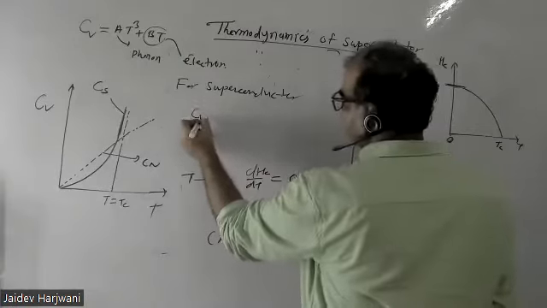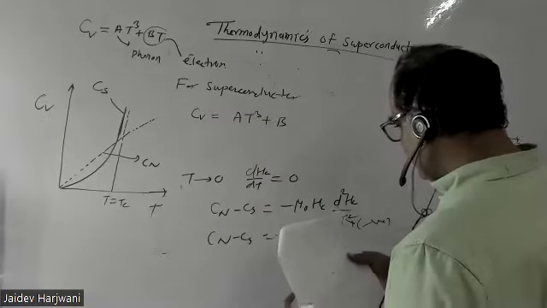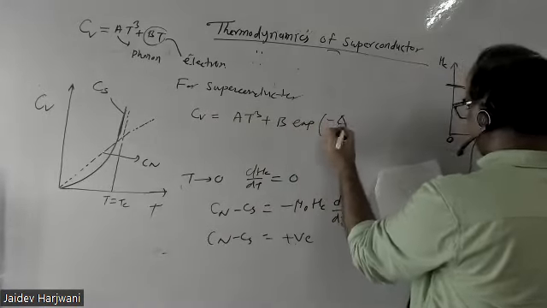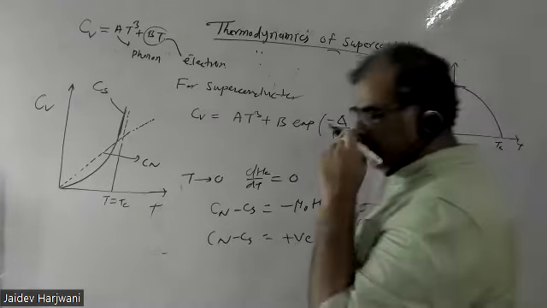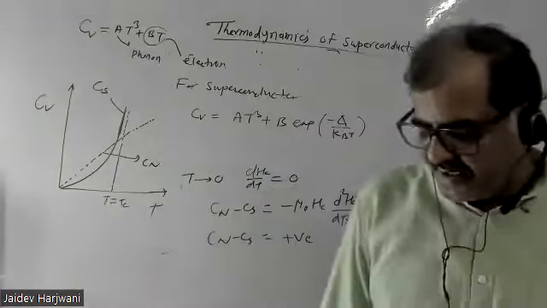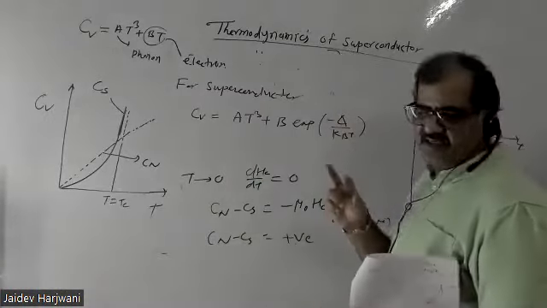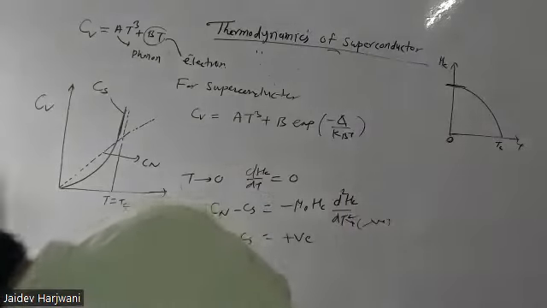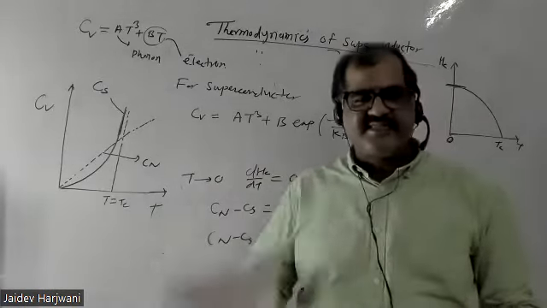But if you want to write Cv, you can write AT cube plus B, and there will come an exponential term, exponential of minus delta by KBT. Whenever there is an exponential term, here delta is the energy difference related with the band gap. We'll discuss what that band gap is. And whenever there is an exponential term, what does it suggest?